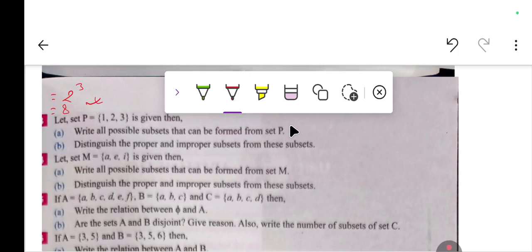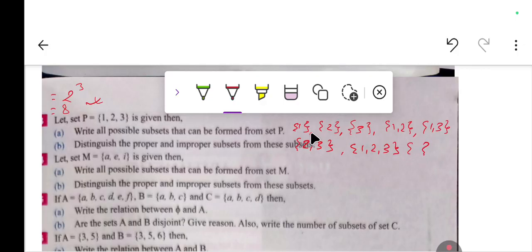So what are those? I'm going to write over here. The first one is 1, second one is 2. These all are subsets of set P. Then 3, then 1 2, then 1 3, after that 2 3, after that 1 2 3, after that empty.